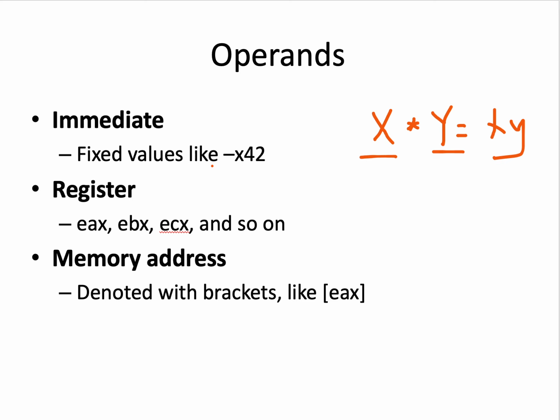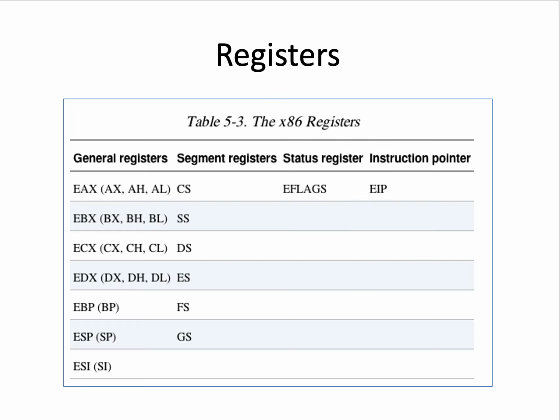Okay, so we have registers and we have memory addresses. Memory addresses, I wanted to tell you, are in open and closed straight brackets. There are different registers. We have the general registers like EAX, EBX, ECX, and so on.